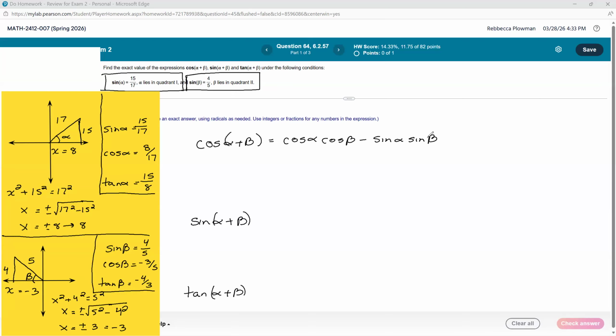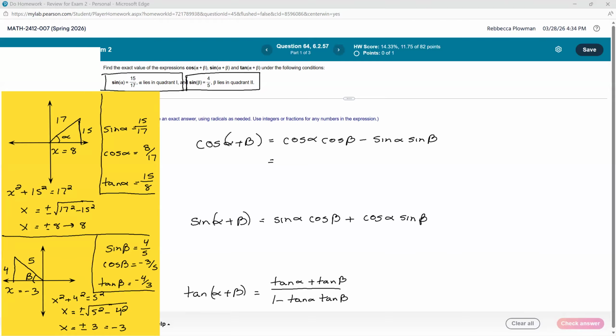And then we know sine alpha plus beta is going to be sine alpha cosine beta plus cosine alpha sine beta. And then tangent is going to be tangent alpha plus tangent beta over 1 minus tangent alpha tangent beta.